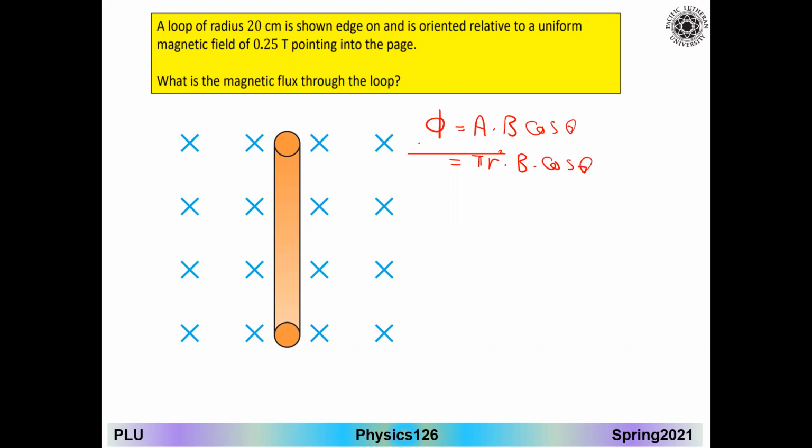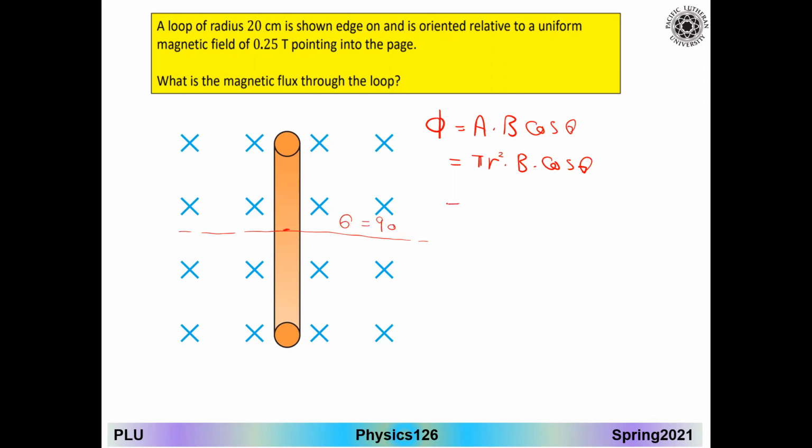Now the only thing I'm concerned with is finding the angle between my axis and the magnetic field. The magnetic field is going into the page, and if we draw the line of the axis, even though the magnetic field pointing out of the page is in a different plane, you still find the theta, or the angle, and it's 90 degrees.